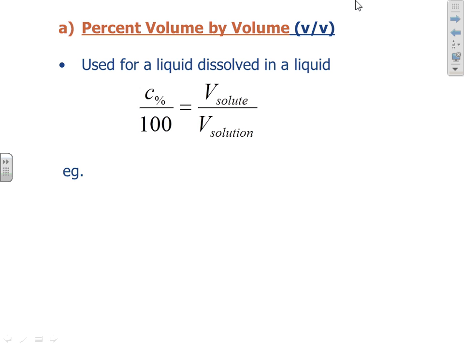An example of volume by volume, I'll use a different version. We'll use 13%, and this is ethanol in, let's say, a bottle of wine. All right, it's about 13% usually for wine. Again, ethanol is a liquid, and it's dissolved in water.